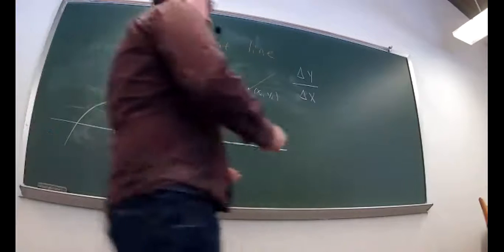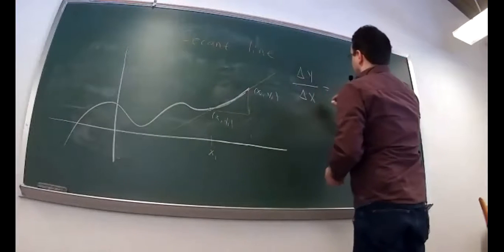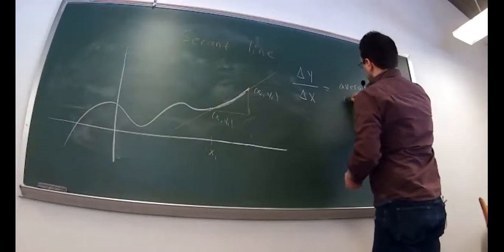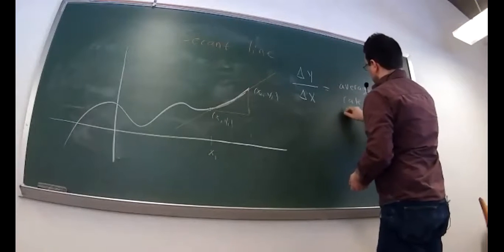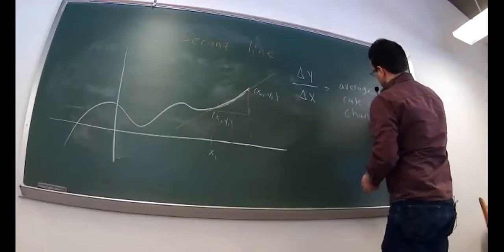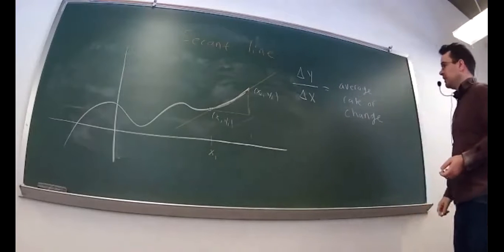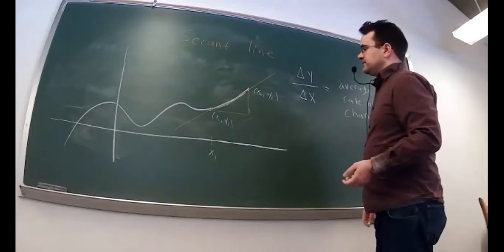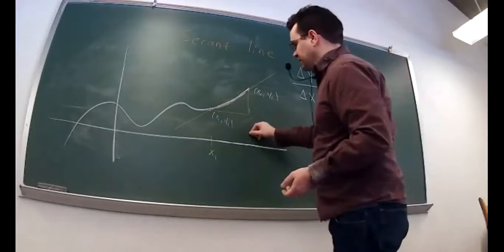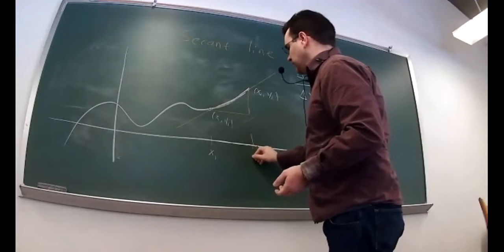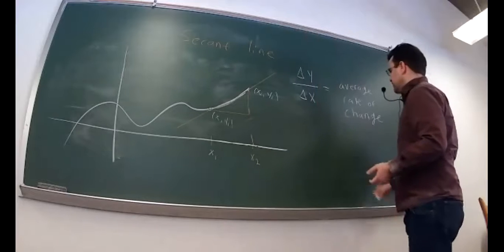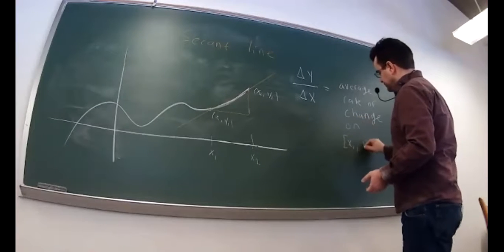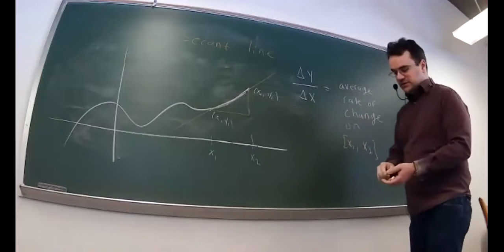And then this quantity delta y over delta x is called the average rate of change. You'll hear it stated as average rate of change on an interval, like the average rate of change on the interval from x1 to x2.